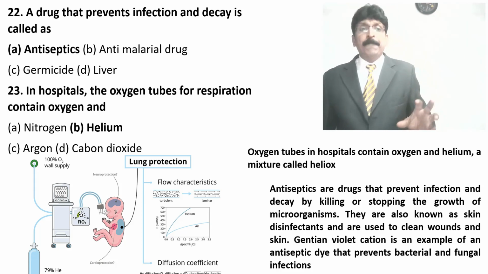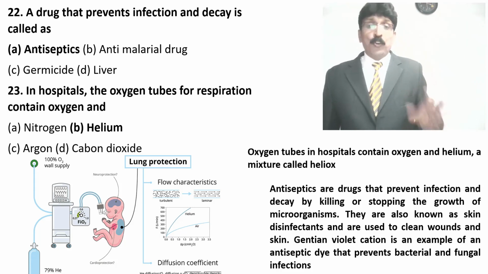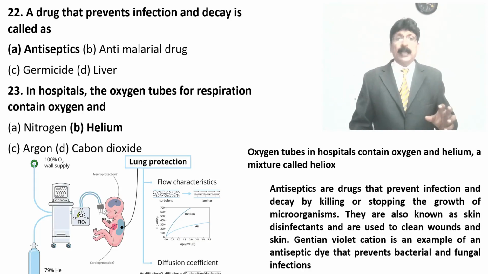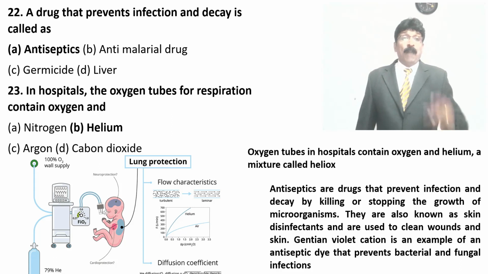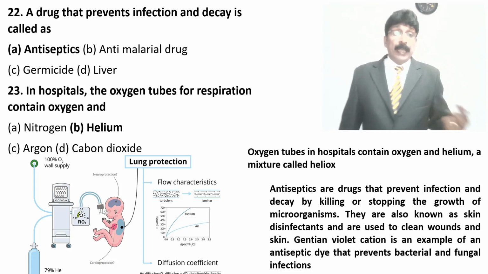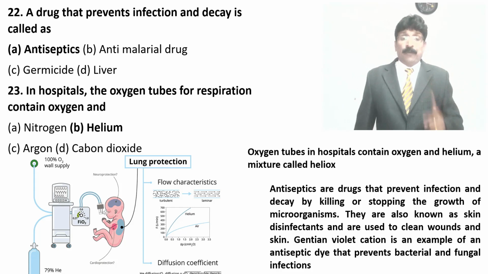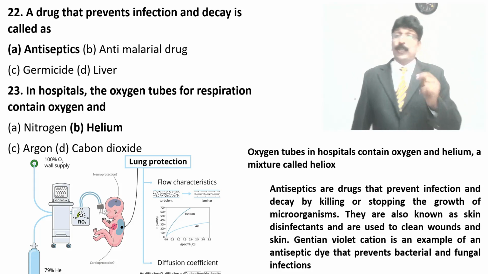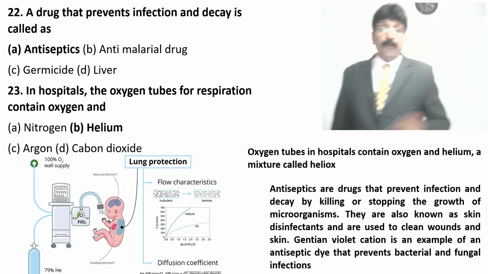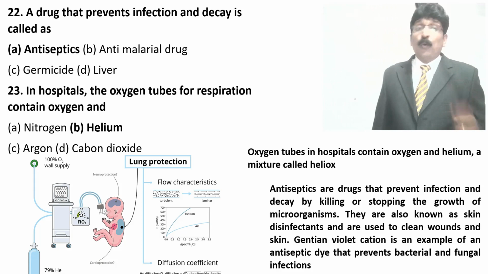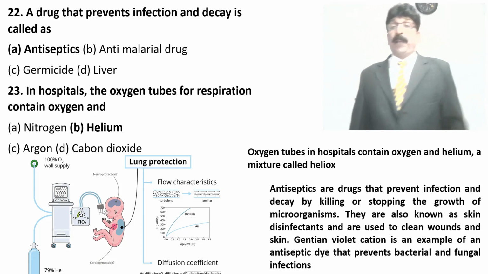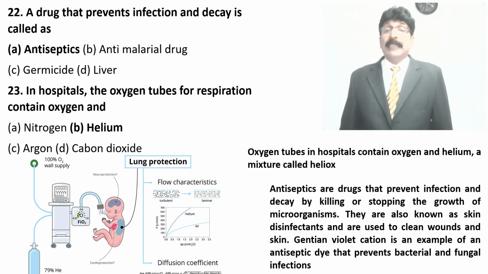It is specified against a 100% supply, with 79% helium and 21% oxygen. So oxygen is only 21% of the FiO2, which is supplied in the form called heliox.